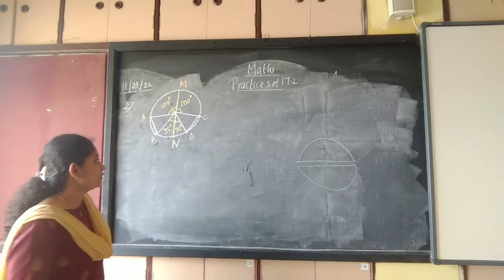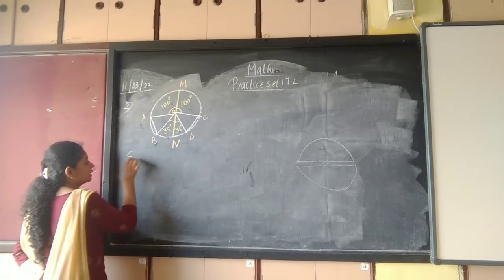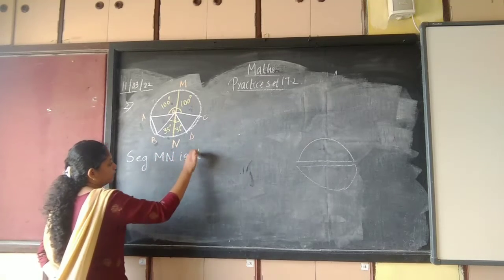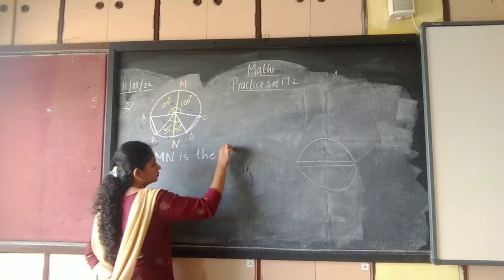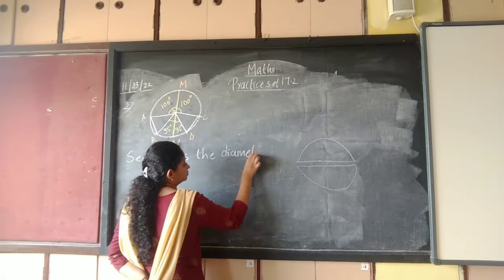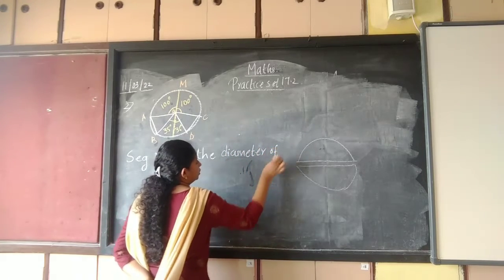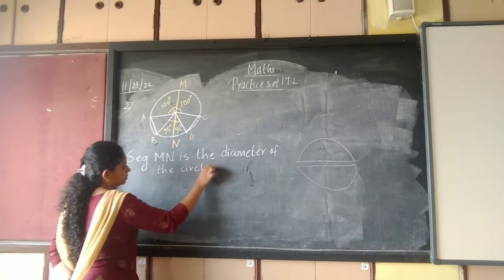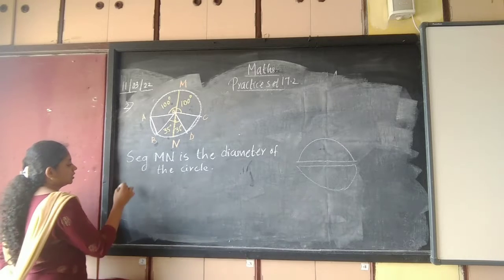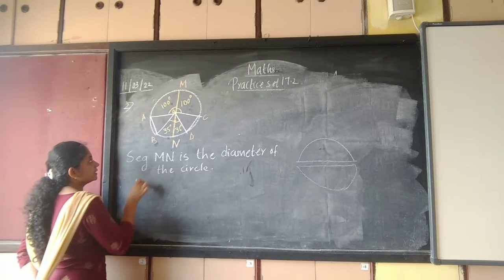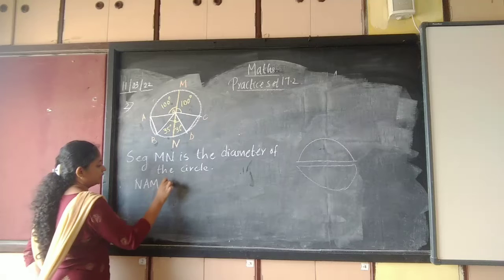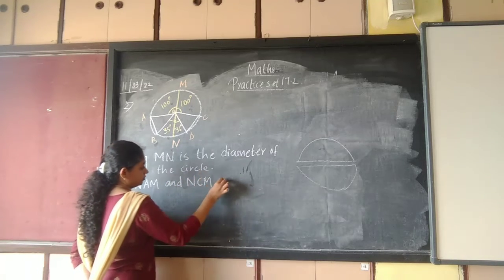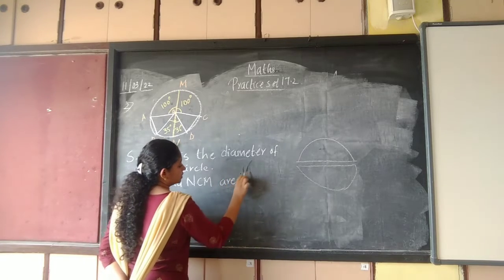So how to solve here? First you have to write down: segment MN is the diameter of the circle. Therefore, NAM and NCM are the semicircles.